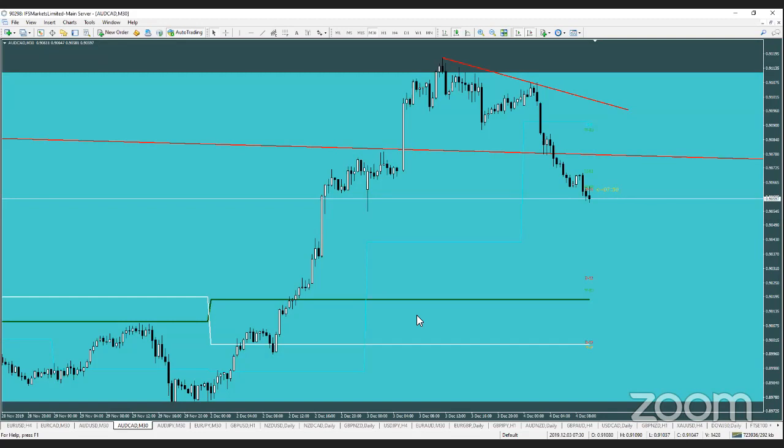Aussie CAD. Yeah, again, going back to the Aussie news today, which was GDP figures, and it was a miss by 0.1 of 1%. Nonetheless significant though.